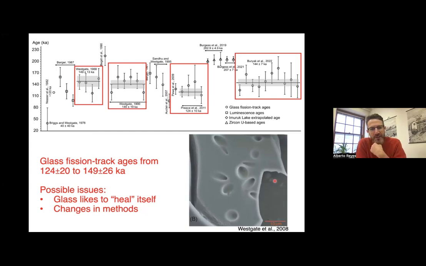And the issue here is that glass can anneal or heal itself under ambient temperature and pressure conditions. And so the fission tracks have this really unfortunate, inconvenient habit of fading with time. So we have to apply different lab corrections to account for that, and there have been some changes in methods that have caused this age to bounce around. And just to be situated here, time is on our vertical axis, and the horizontal axis is just the progression of the literature.